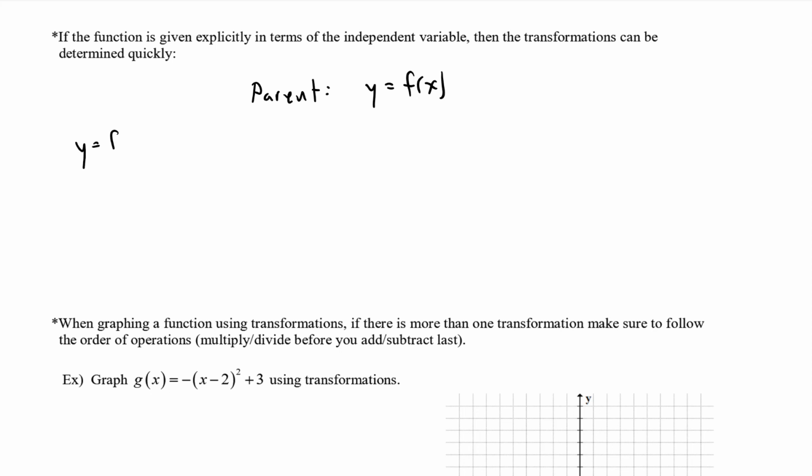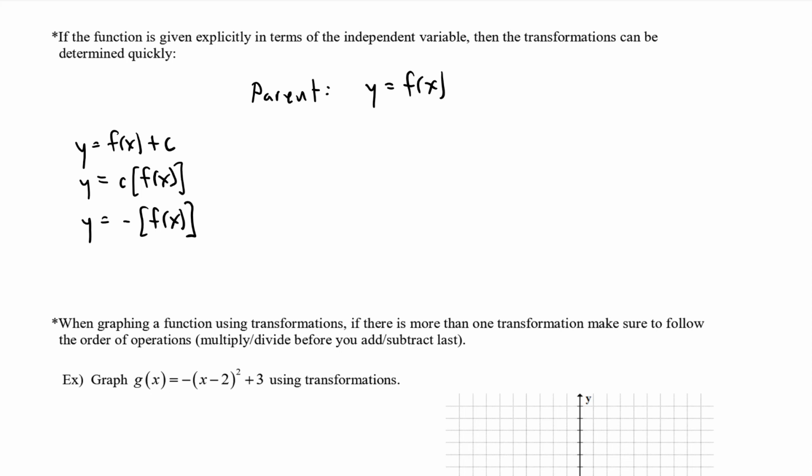Y equals f of x plus or minus c, y equals c times f of x, and y equals negative f of x. Those are your 5. So if c is positive or negative, it's a shift up or down.